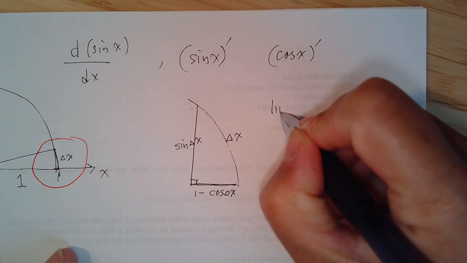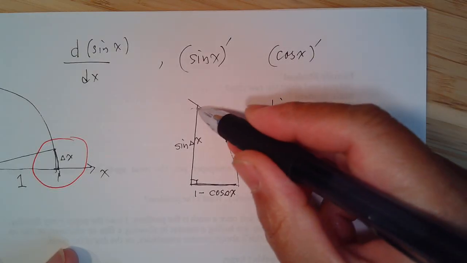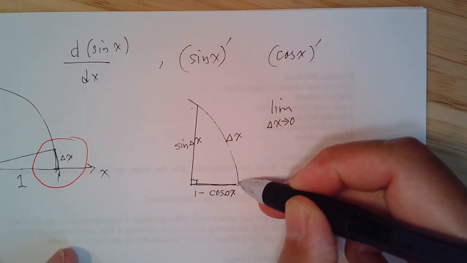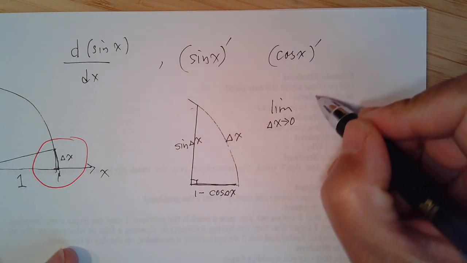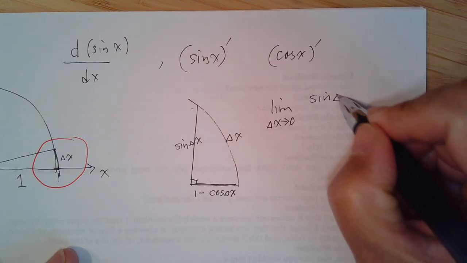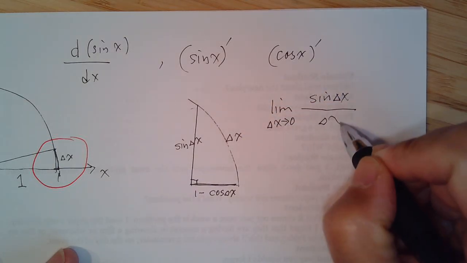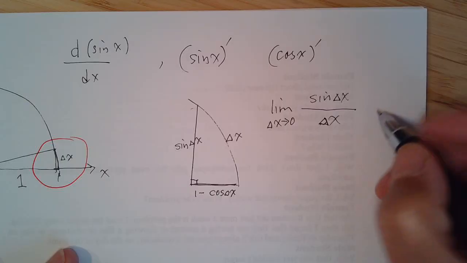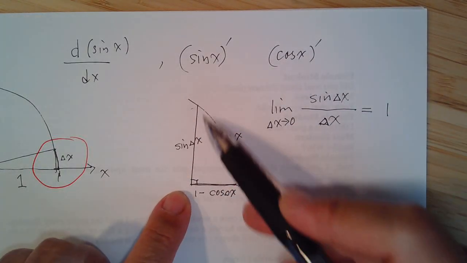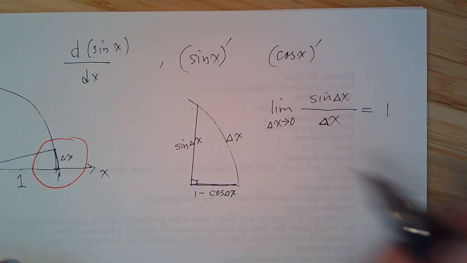And then we learned earlier, the limit when delta x approaches 0, that means when this shrinks and approaches here, it's tiny, tiny, tiny. Then we have sine delta x, which is the vertical part, over delta x, which is the curved part. The limit is 1. So the ratio of these lengths approaches 1 when delta x approaches 0.